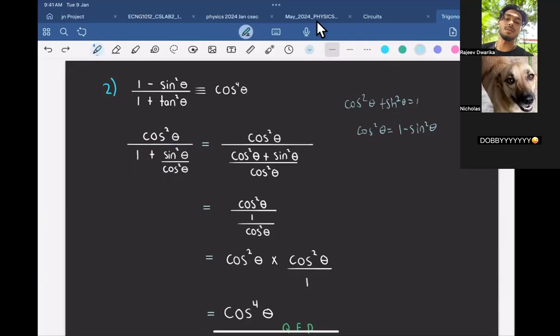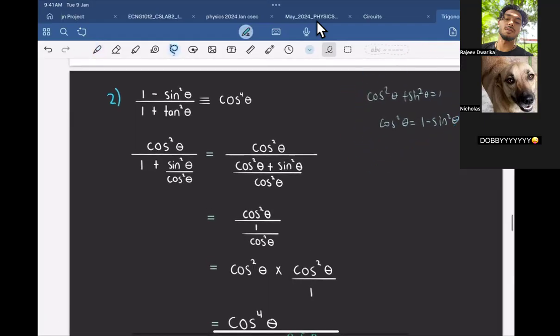So after you use your identities, you have to find the LCM. If you have two terms and you add or minus them and they have different denominators, you do it by finding the LCM. So the LCM for the denominator is cos squared theta, right? I probably should have put our work to the side. So if I have 1 plus sine square theta over cos square theta.